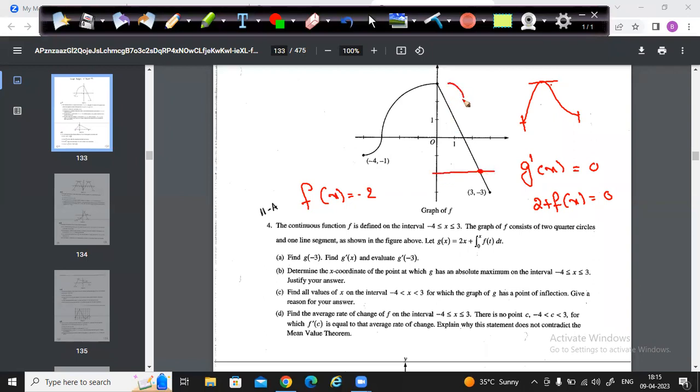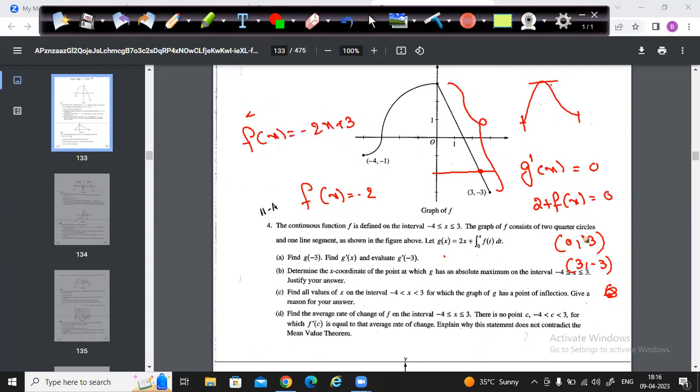So find the equation of this line. One point is 0, 3, and the second point is 3, minus 3. So the slope is minus 6 by 3, which is minus 2, and f of x is minus 2x plus 3.